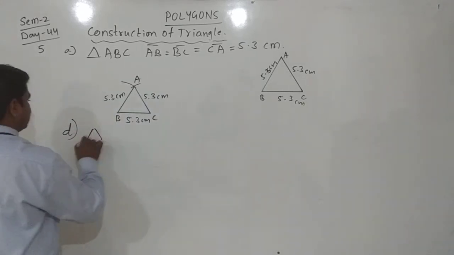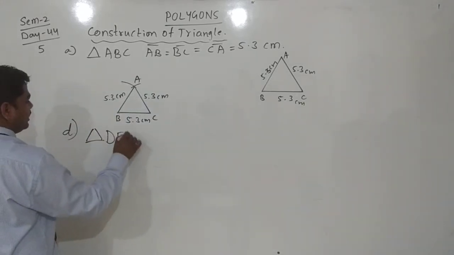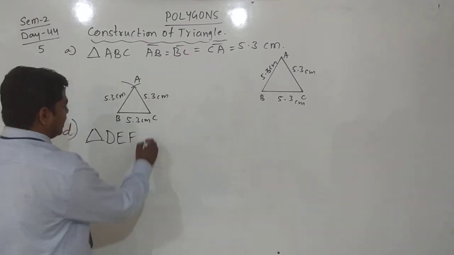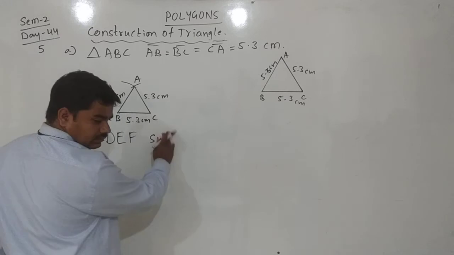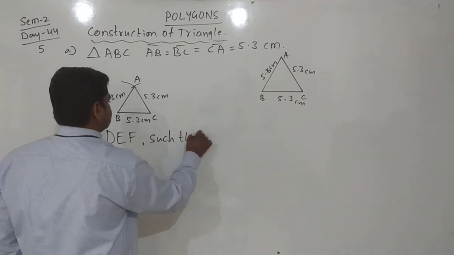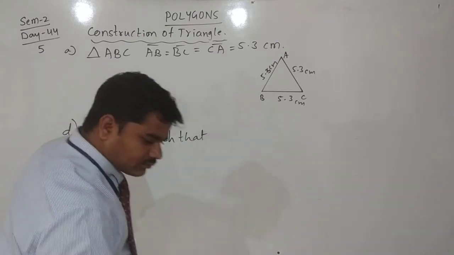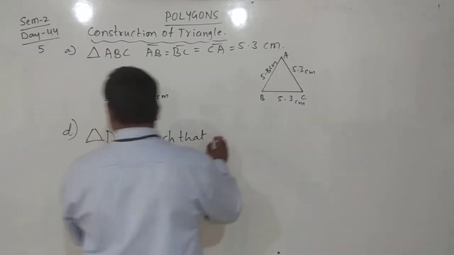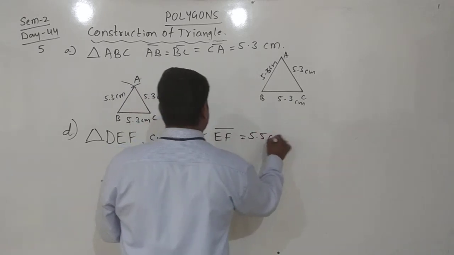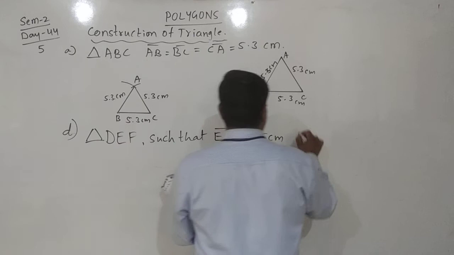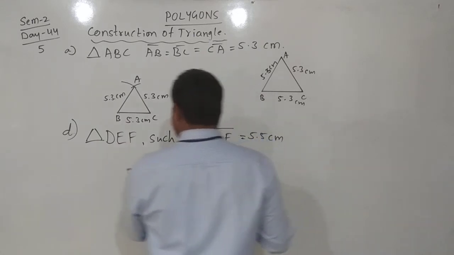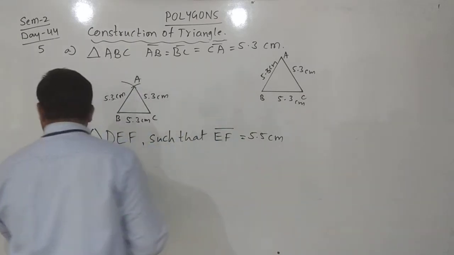DEF triangle, such that line segment EF is equal to 5.5 centimeter and angle E is given.